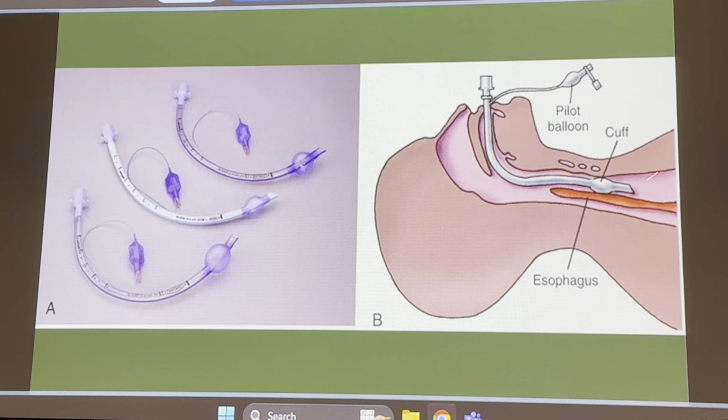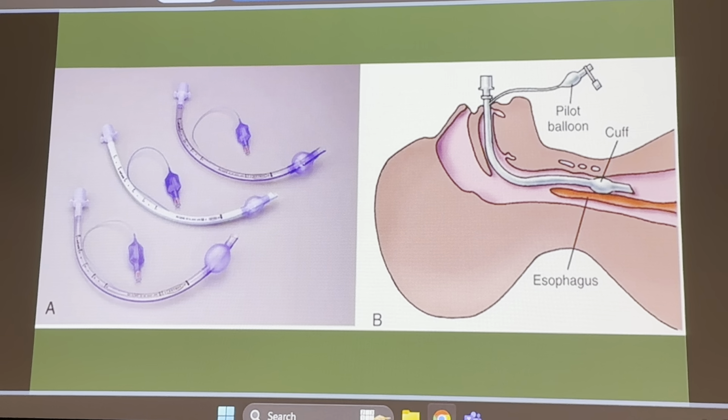Alright, so again, our placement. This one doesn't give an adequate representation, but right there, 2 centimeters above that carina. As we get to about where we are thinking, or the physician thinks, yeah, that looks like a pretty good spot, he's gonna tell us to inflate that balloon. So there should be some type of pilot balloon, one of the ones that's going around has an extra balloon. Yep, there you go.